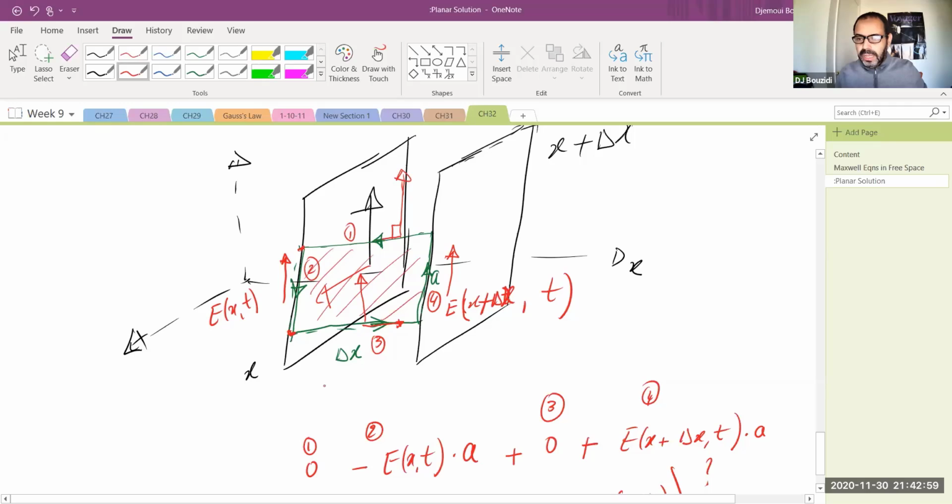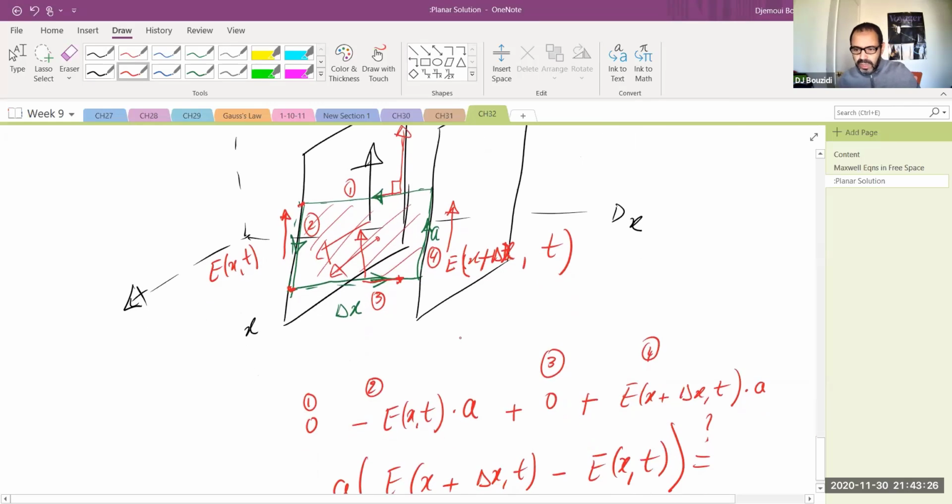Obviously, I have to find B. B is pointing this way, coming out, and the area is also coming out, because as I am going counterclockwise here, the area is coming towards me, and the magnetic field is also towards me.